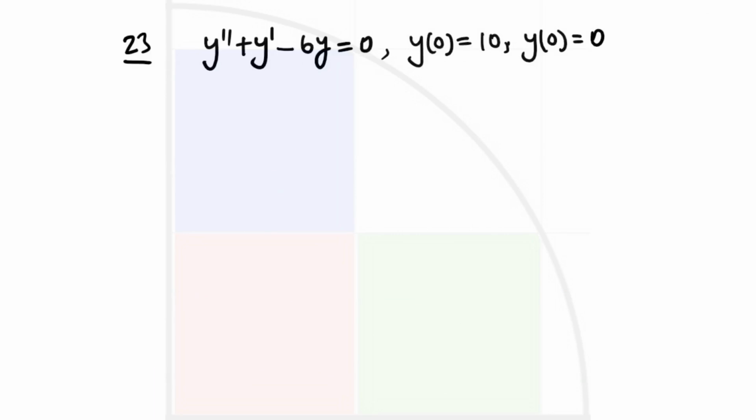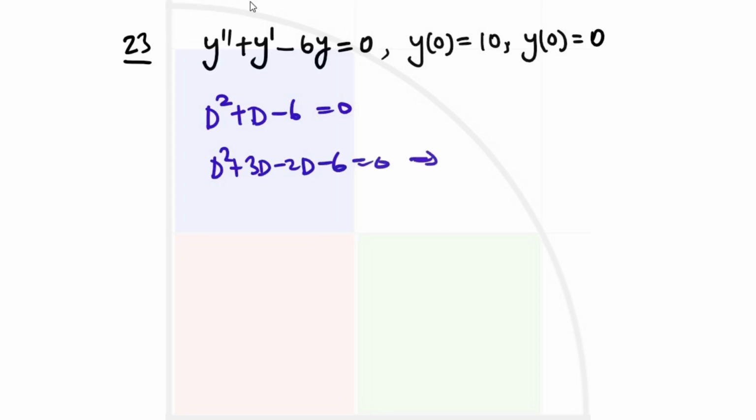Next question is, this appears to be pretty simple because our auxiliary equation will become D squared plus D minus 6 is equal to 0, and we have to split this one in a way that the product is minus 6. So we can write D squared plus 3D minus 2D minus 6 is equal to 0.